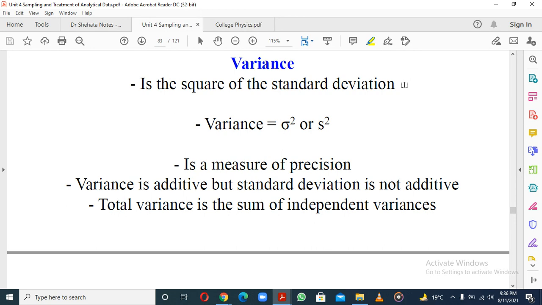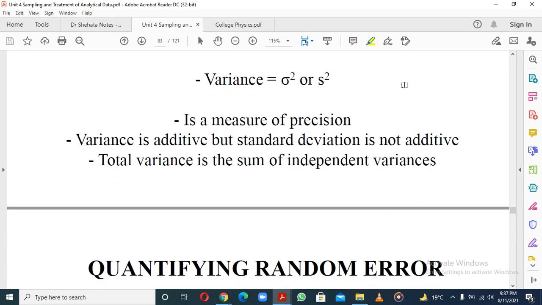You have to remember that the variance is simply the square of the standard deviation, both the sample standard deviation or the population standard deviation. So to find your respective standard deviation, you just take the square root of the variance. It's a measure of precision.